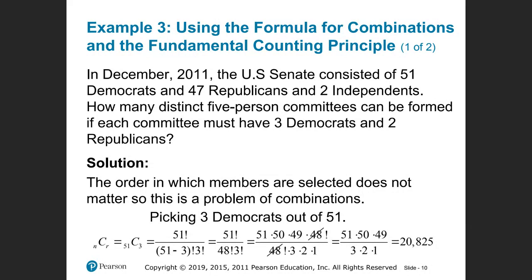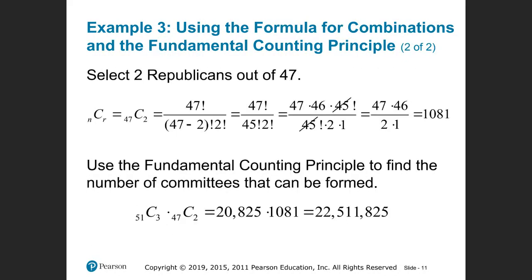At the bottom of the slide, we see what happens if we pick 3 Democrats out of a possible 51. N is 51 and R is 3. So using our combination formula, we end up with 2,825. Continuing this, we have to select 2 Republicans out of 47.